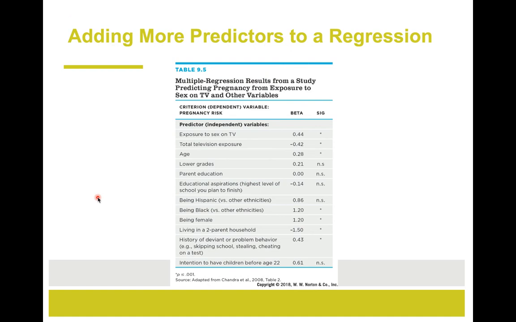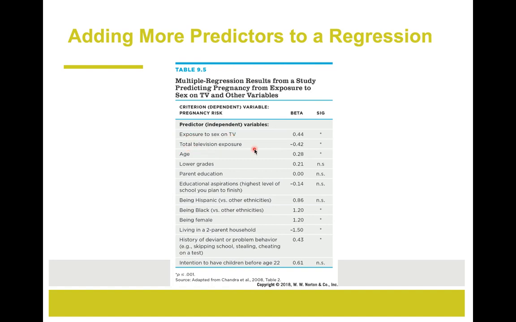And of course, there's not technically a limit to the number of variables that you can have in your study. So let's go back to our original example of risk of pregnancy. So that's our criterion. We can think of a ton of variables that can impact risk of pregnancy. Exposure to sex was our original one.